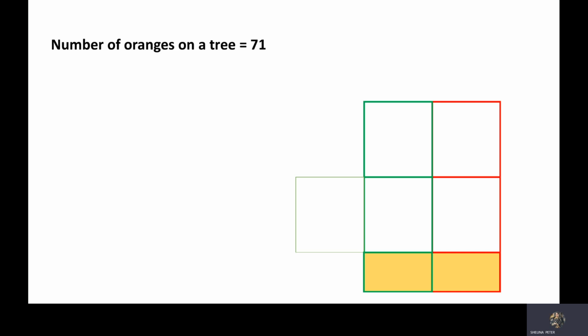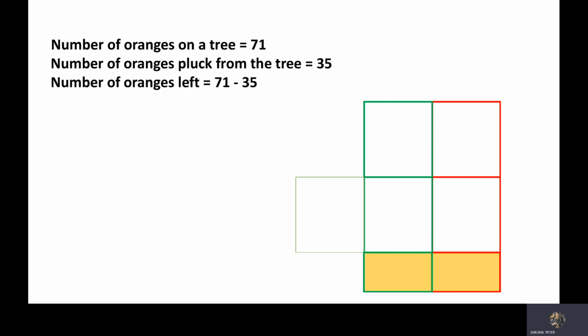We are going to write the number of oranges that were plucked. So number of oranges plucked from the tree. It is 35. Now they are asking you to write the number of oranges that is left. So what will be the third statement? Number of oranges left using the subtraction keyword. So we are going to write down 71 minus 35 as this word problem represents subtraction.